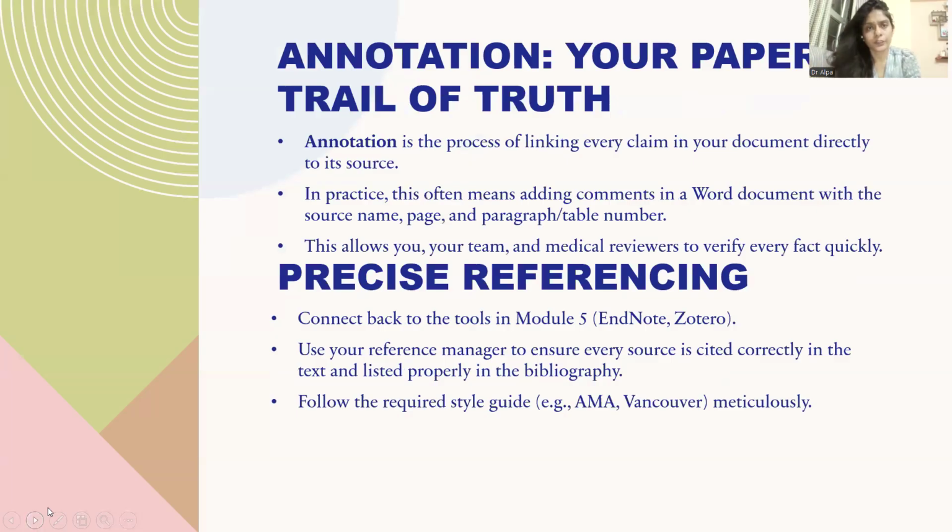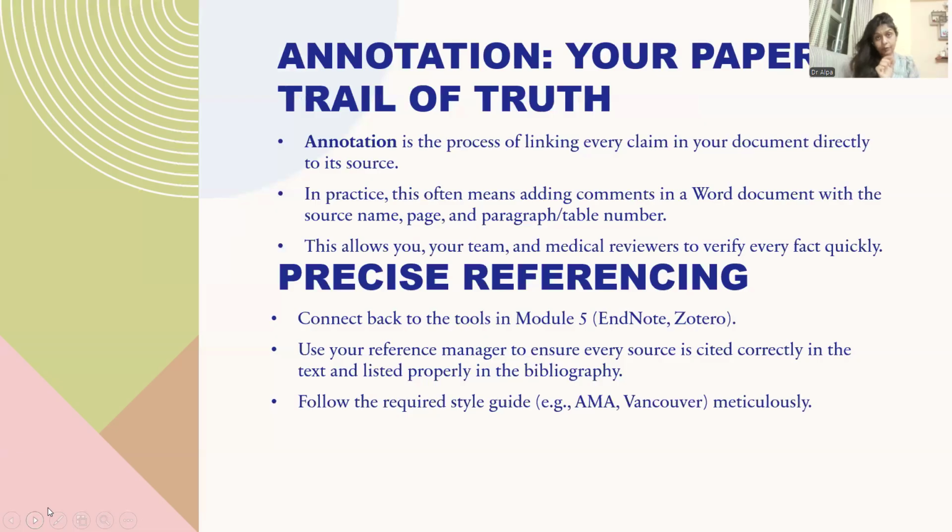Now talking about annotation. So what exactly is annotation? Annotation is nothing but the process of linking every claim in your document to its original source. Ideally, how should it be done? This is your content document.